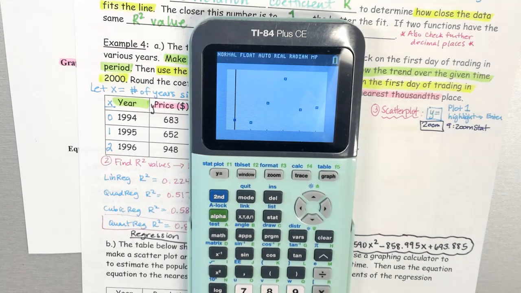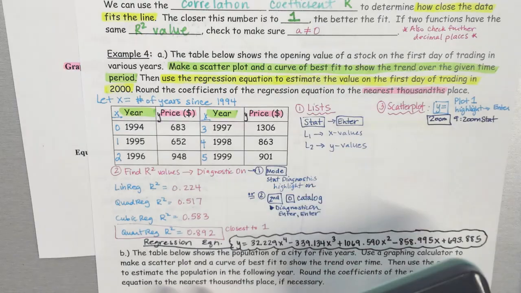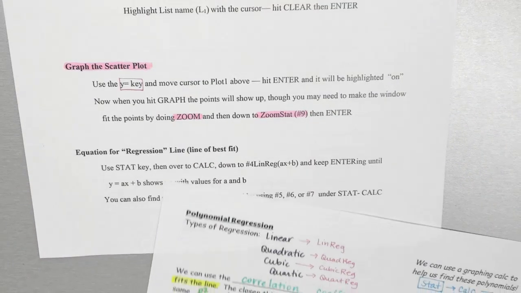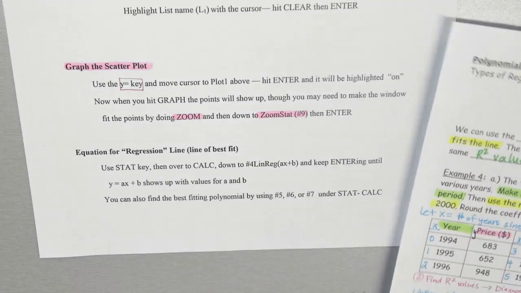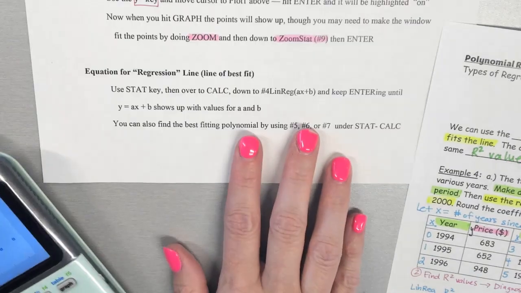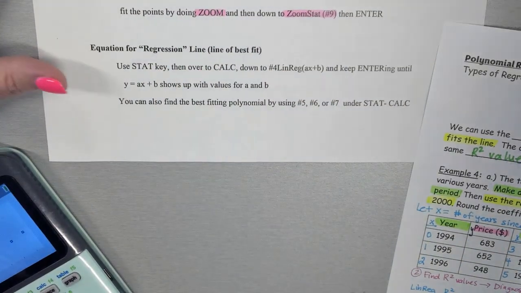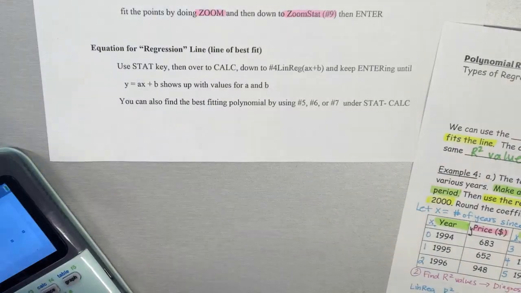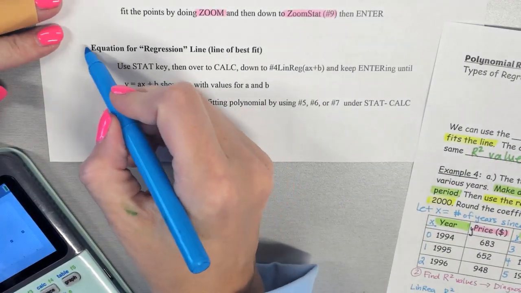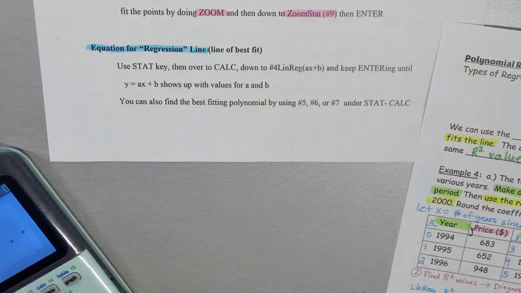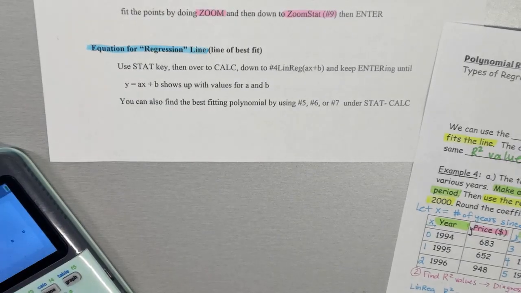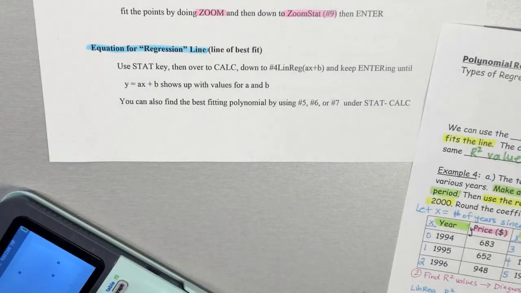All right. Now what we're going to do is we are going to graph the line of best fit in our scatter plot. All right, so the equation for that is here. Okay, so what we like to do is we like to see that line in our graphing calculator.